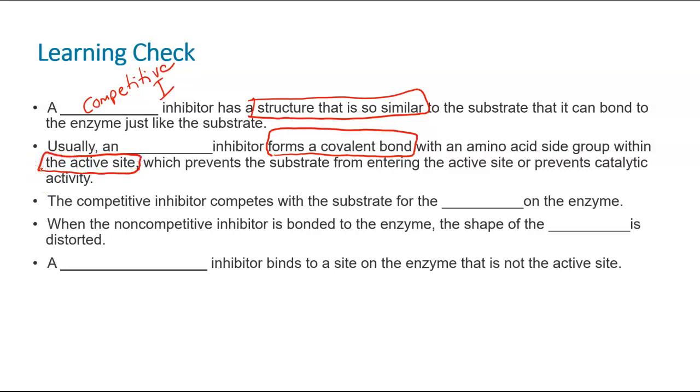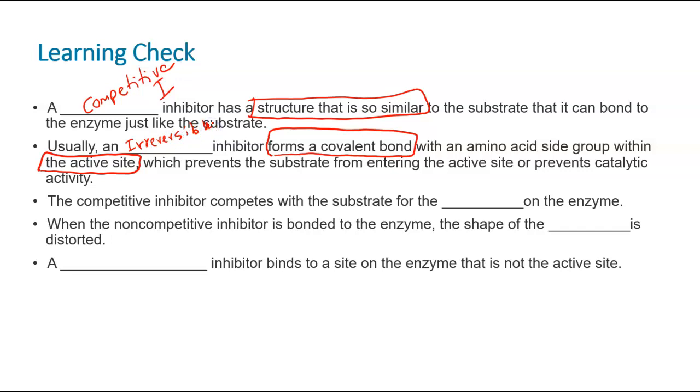So what are the three types of inhibitors that we learned? Competitive inhibitors, non-competitive inhibitors, and irreversible inhibitors. So the one that forms a covalent bond has to be the irreversible inhibitor, right? Because it says within the active site. If it's within the active site, it has to be an irreversible inhibitor.